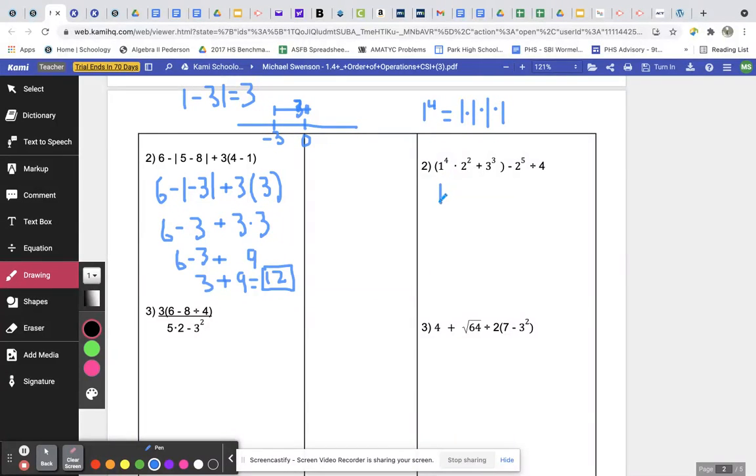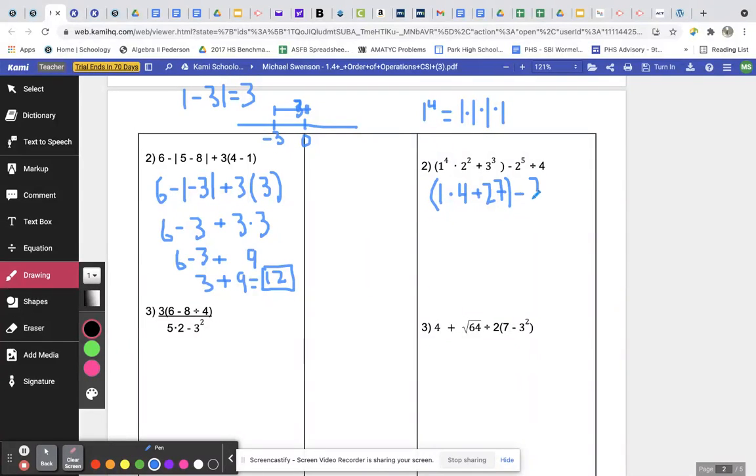And we've got a 1. 2 to the 2nd. 2 times 2 is 4. 3 to the 3rd. 3 times 3 times 3 is 27. So we're going to do that. Okay. Doing everything like that in the parentheses.